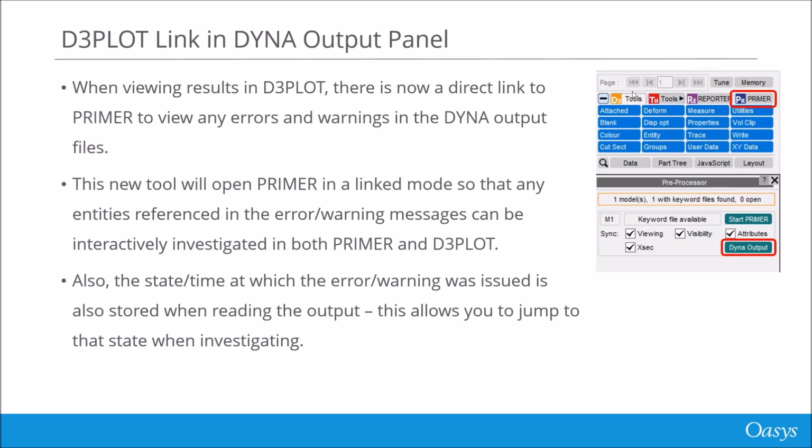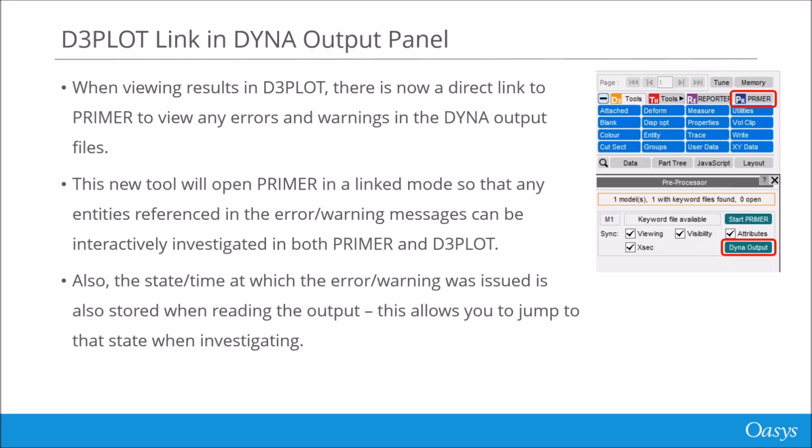When you open this new tool, it will open PRIMER in a linked mode so that any entities referred to in those errors and warnings can be interactively investigated in both PRIMER and D3plot. Also note that the stated time at which the error and warning was issued is also stored when reading the output. And this allows you to jump to that state automatically when investigating those entities.